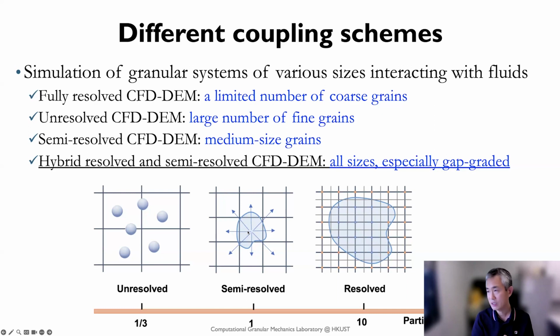But in reality, the best strategy is trying to combine the different components together. We call it hybrid resolved and semi-resolved CFD here. And we can use that to describe a complex system with quite a wide range of particle sizes, especially for so-called gap-graded solids here.